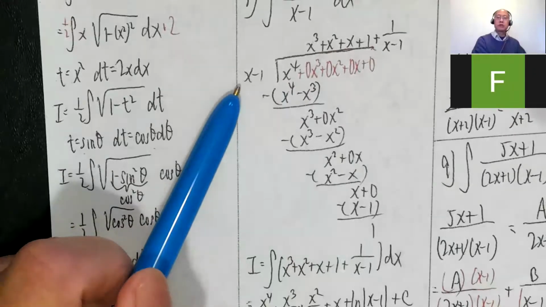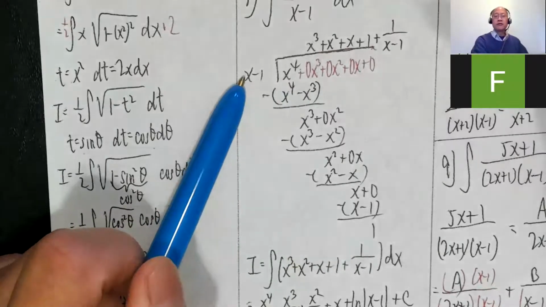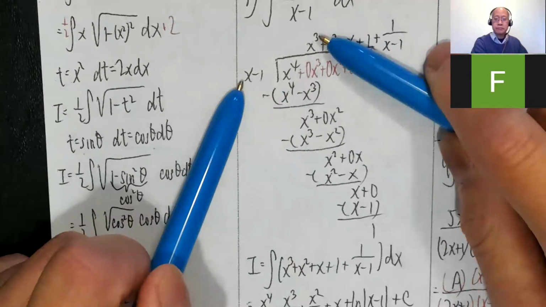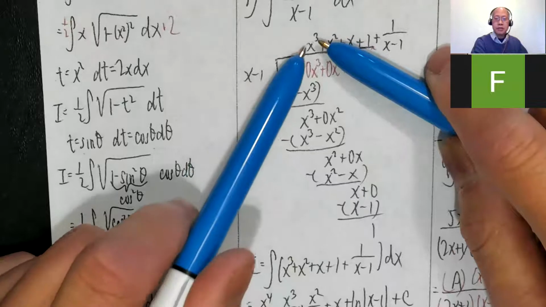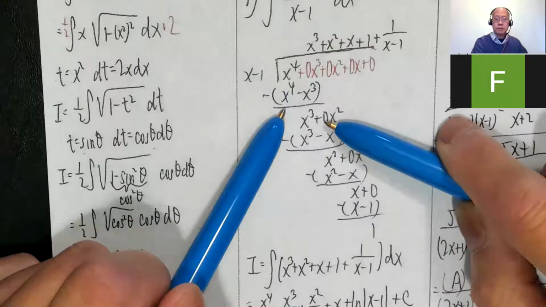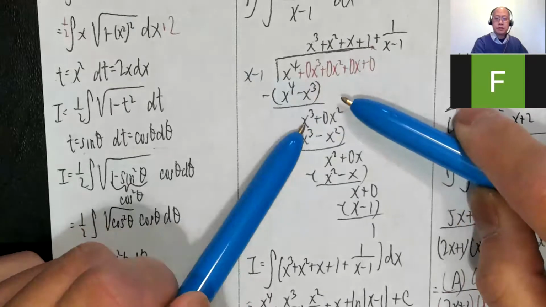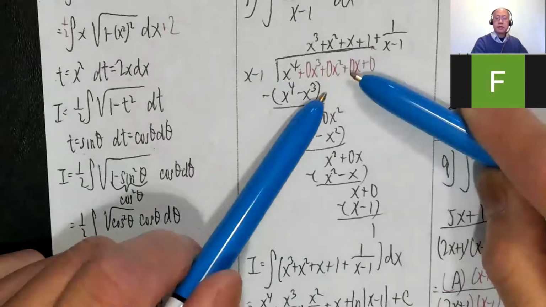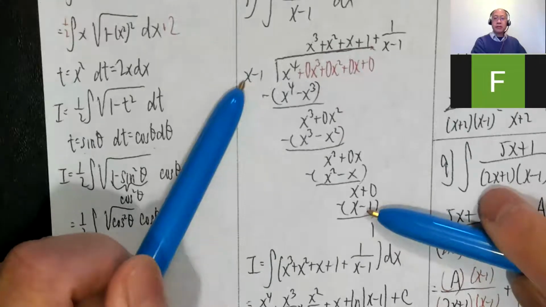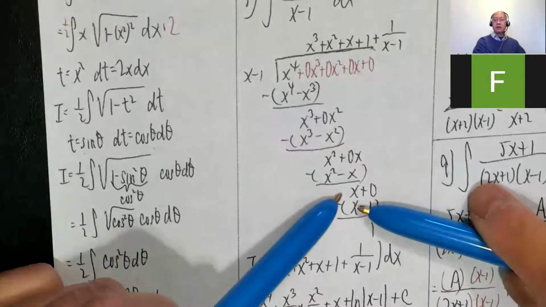Okay, so let me just run through the long division process quickly for you again. So first thing here, x cubed. Multiply x cubed times that whole thing, subtract. Repeat the process, x squared, x, 1. Okay, you got to this step here, x minus 1 to x.